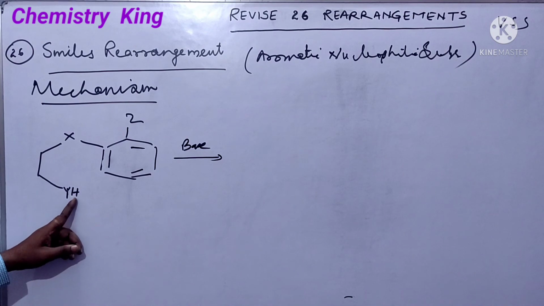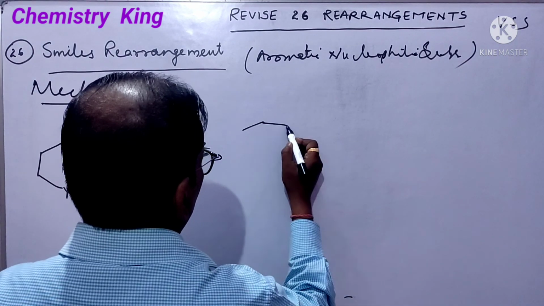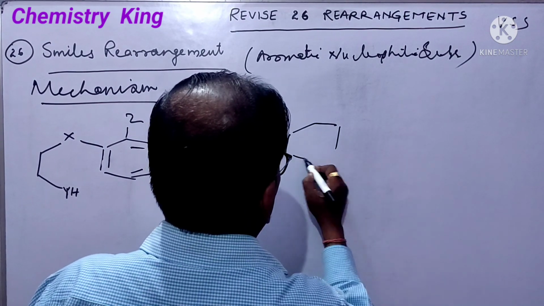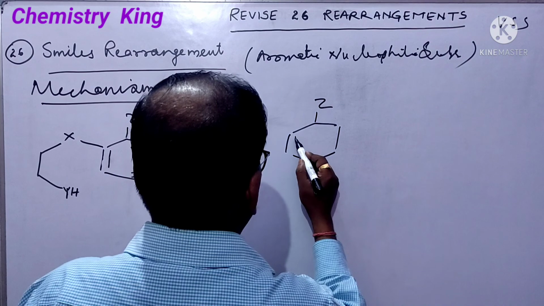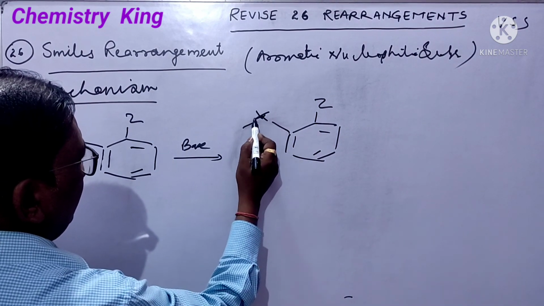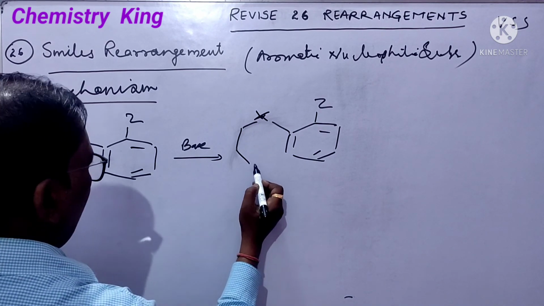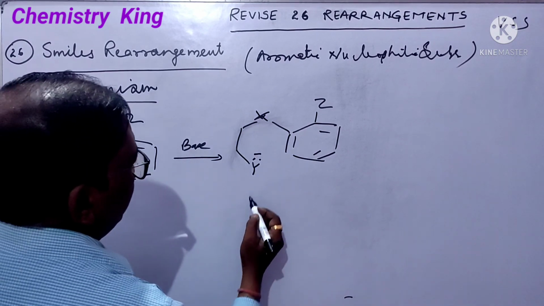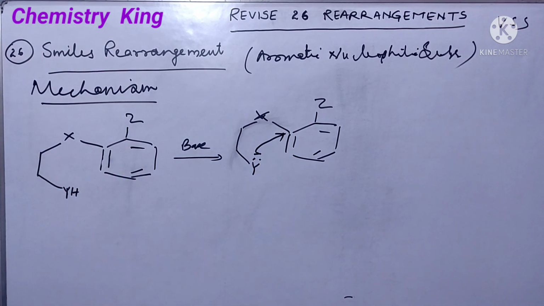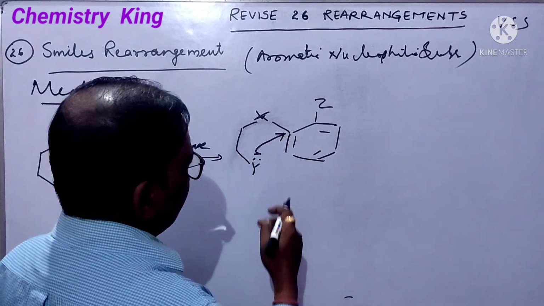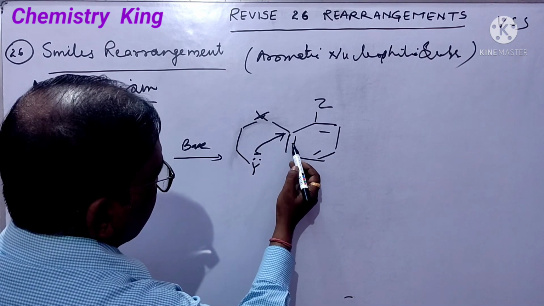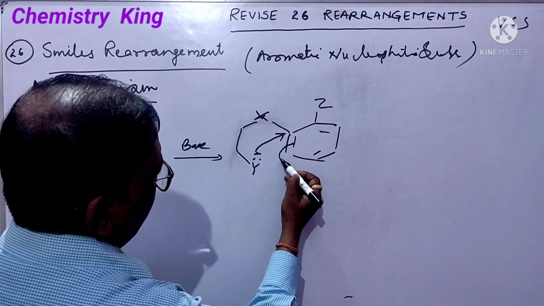This base will abstract this hydrogen, giving Z, X, and Y minus. Now it is a nucleophile, and it will make an intramolecular nucleophilic attack. It will attack here, and what will happen?